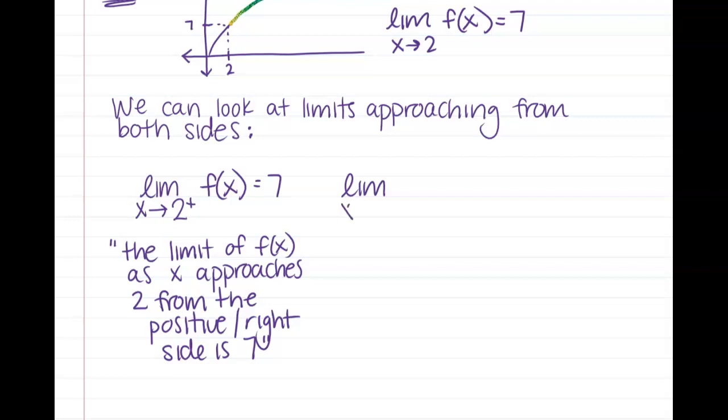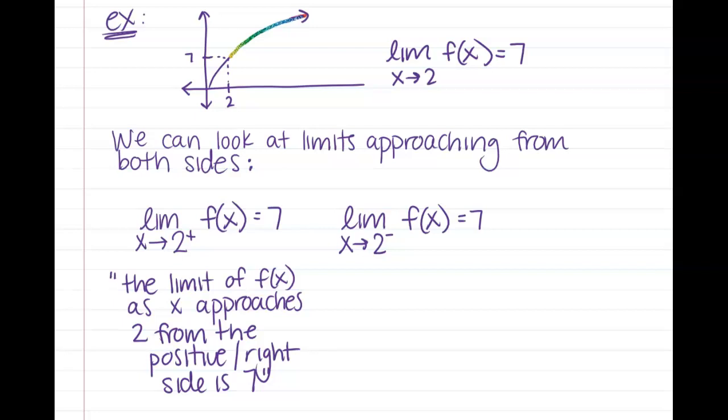The limit as x approaches 2 from the negative side of f of x also equals 7. Negative side, think where the negative numbers are on a number line, they're on the left, so approaching from the left side, the negative side. So now if we're starting here at the left of 2, we're going along the function, we're going towards 2, it looks like it's going to hit 7 from that direction as well.